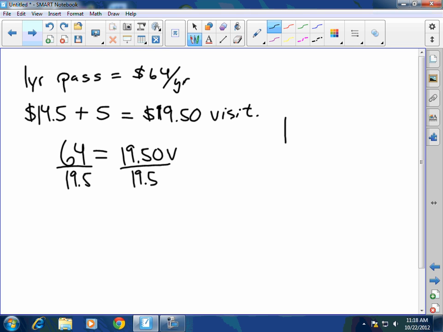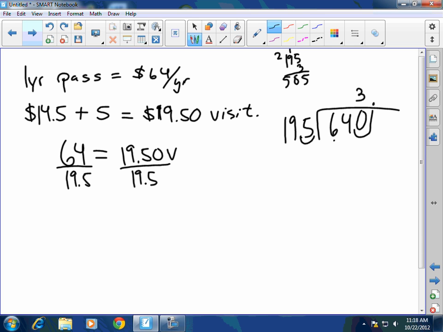When I do this math, move the decimal 1 to the right, 1 to the right. How many times does that go in? We got 3. So 195 times 3 is 585. Then 0, 5, borrow, that's going to be 5.